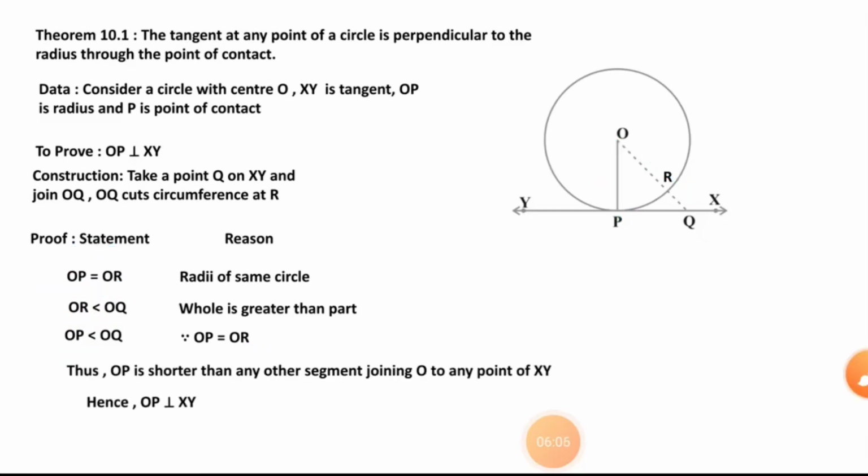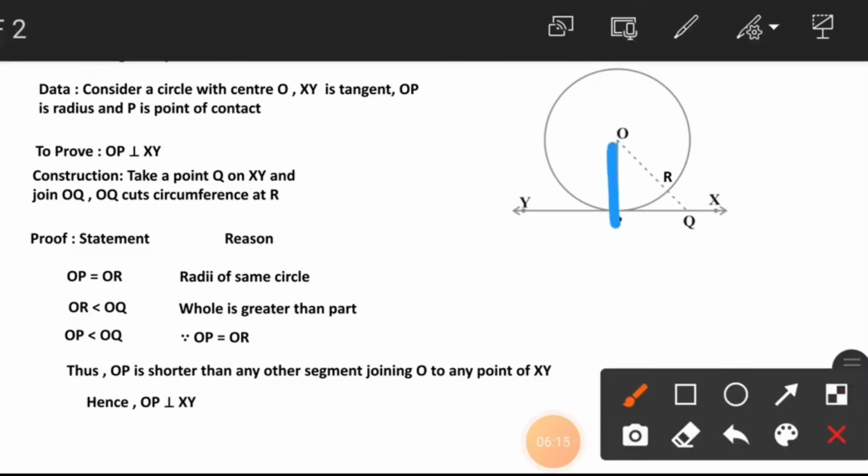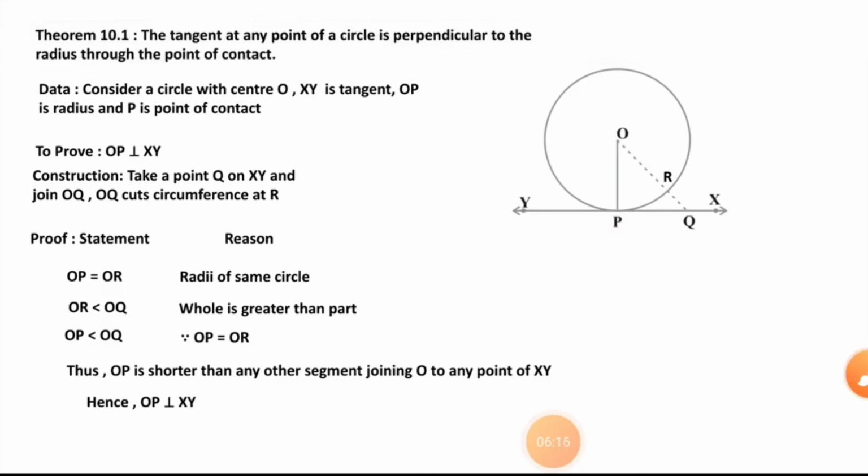Now the main theme of this theorem is that in order to prove it is perpendicular, a line will be perpendicular only if it is the shortest distance from that center point. Now we have proved that this OP is shorter than any other line segment joining O to any point on XY.